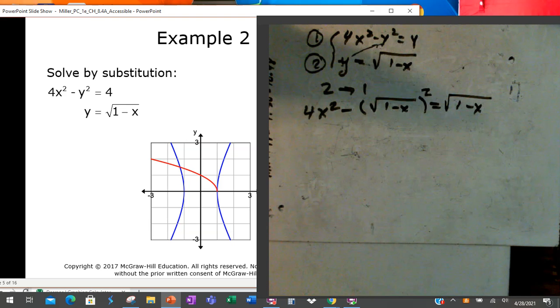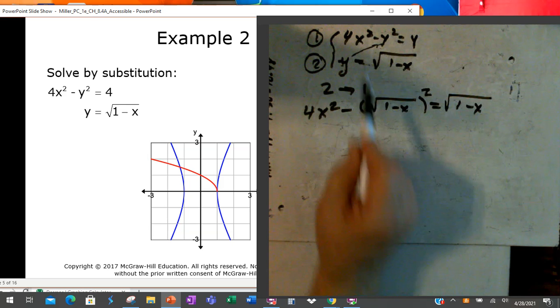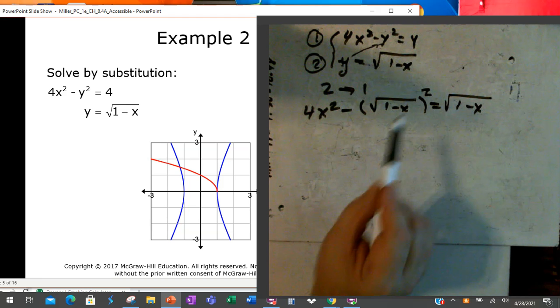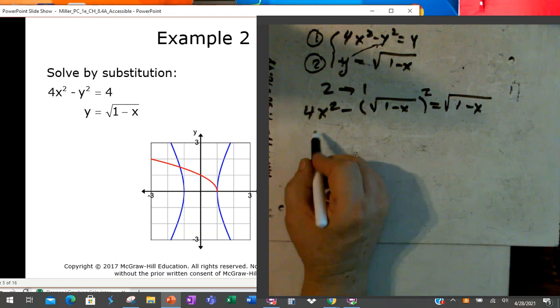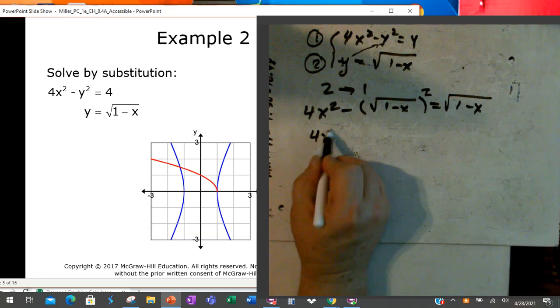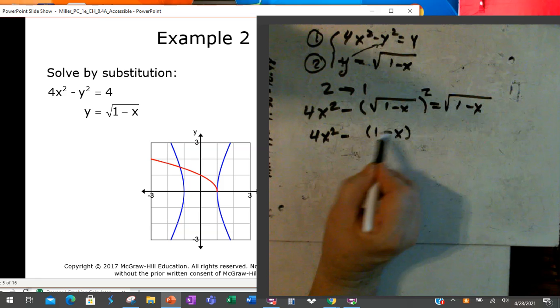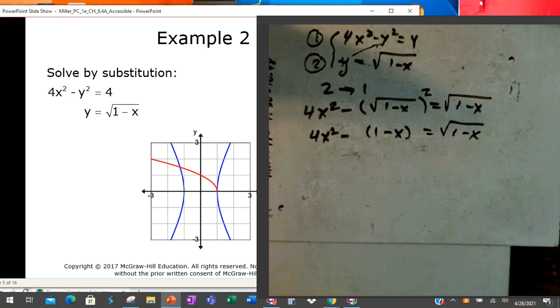And this one was squared from there. Okay. So this part of it, squared was equal to y, but here I've already got the y as well. I plug them into all of these, and now I come out with 4x squared. Square root, the square just gets rid of the radical. This is now 1 minus x, because I've got a negative that I have to distribute, and that's the square root of 1 minus x.